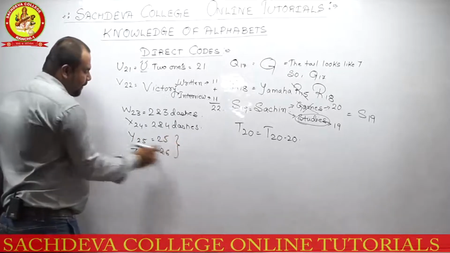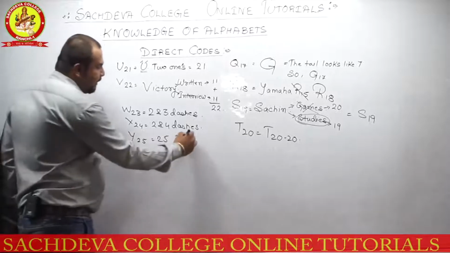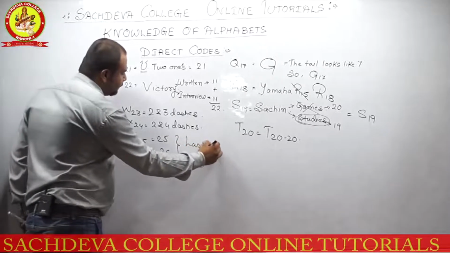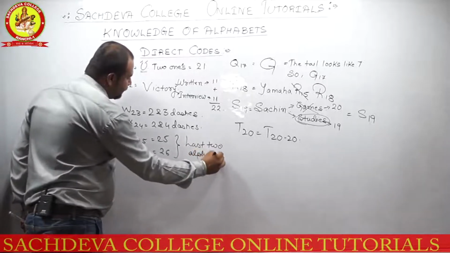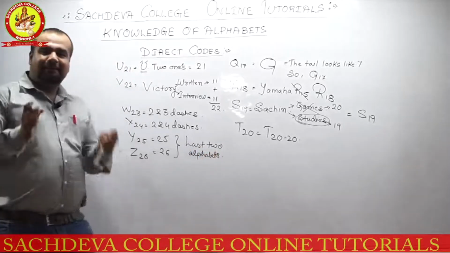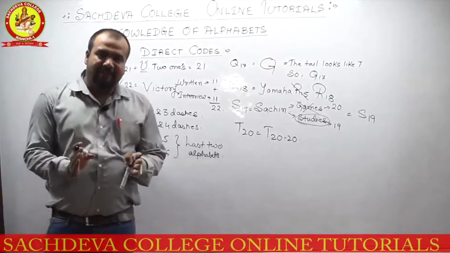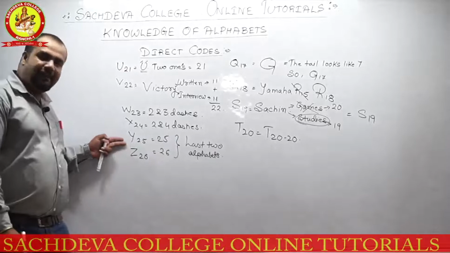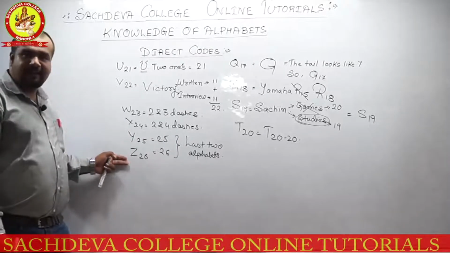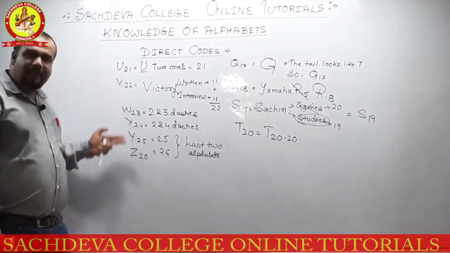If we talk about Y and Z, these are the last 2 alphabets. I think if you can remember the first 5 alphabets, then you may also remember the last 2 alphabets, that is Y25 and Z26. That was for your knowledge of alphabets.